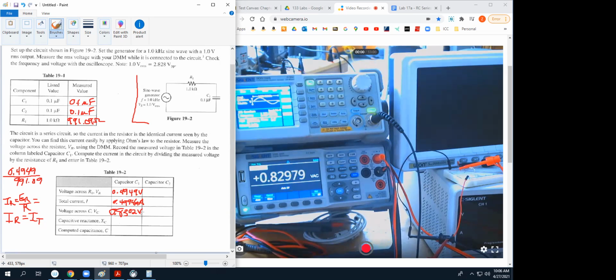One volt. Okay. The circuit's not connected.